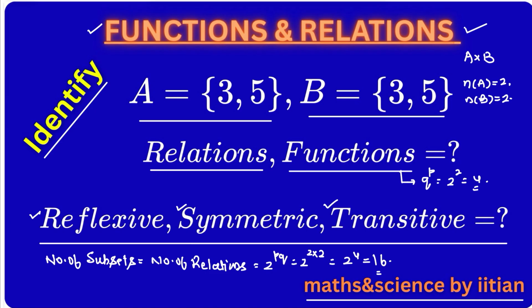Now in this lecture we will be talking about what a reflexive relation is, what a symmetric relation is, and what a transitive relation is, and how to identify them and how many are there in this particular Cartesian product of 16 relations.